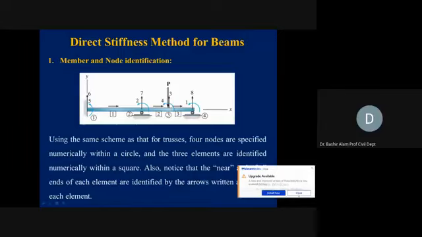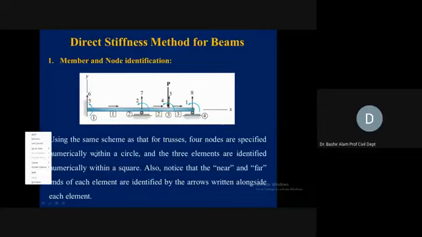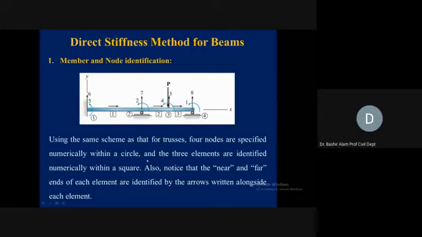So using the scheme as that of trusses, 4 nodes are specified. We discussed 1 up to 4, numerically within a circle. So numerical values within the circle, these are the labeling for these nodes. And the 3 elements are identified numerically within a square.